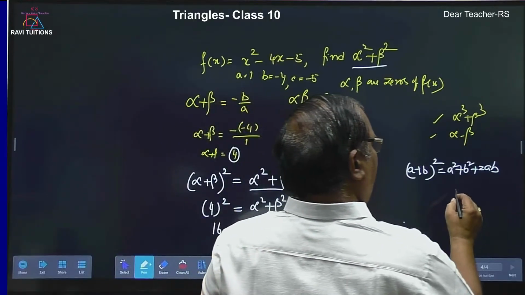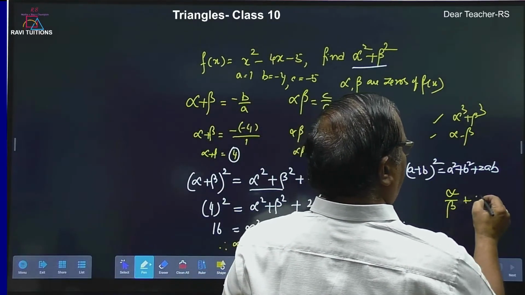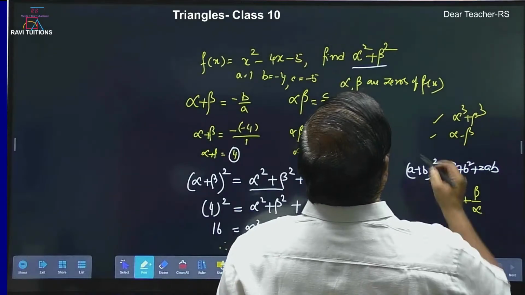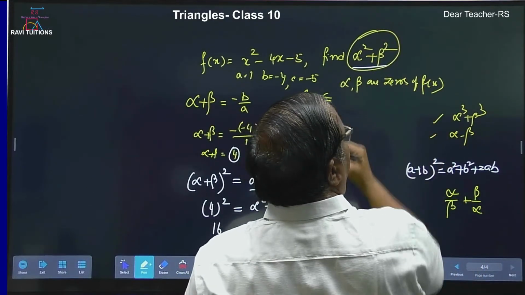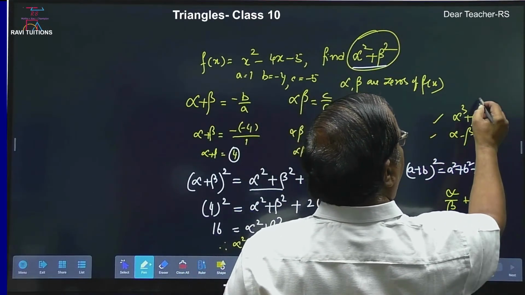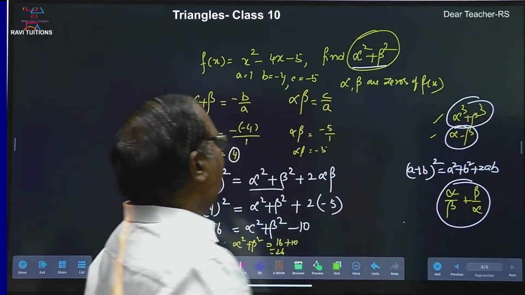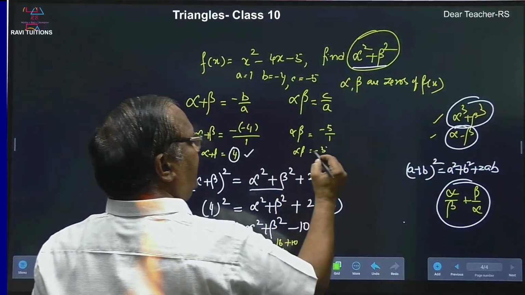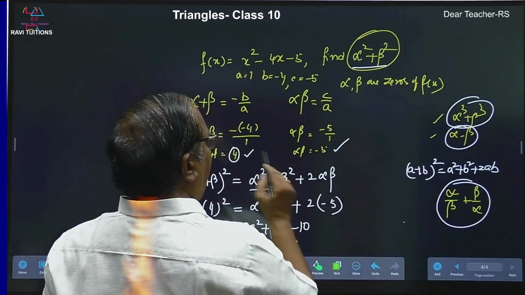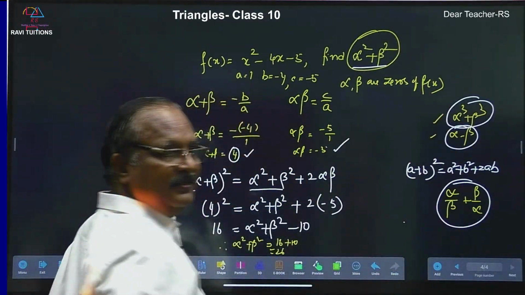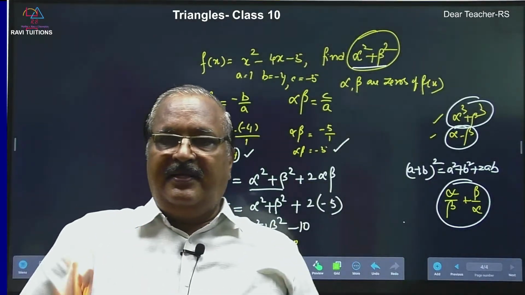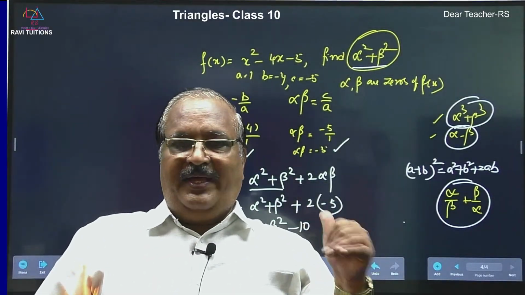And alpha by beta plus beta by alpha also. In this question it is asked, but you may be asked these also. For these things also you should find out alpha plus beta and alpha beta and use these values in them. Very, very important question.